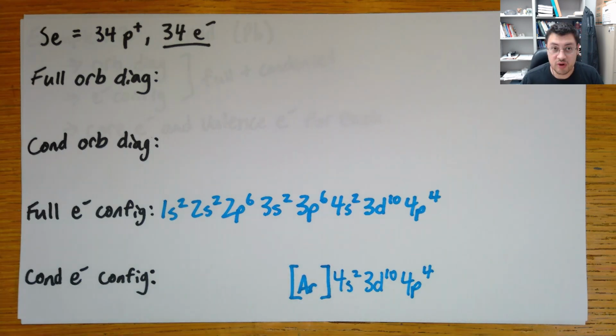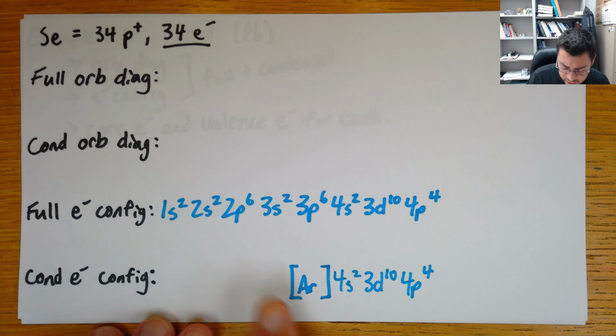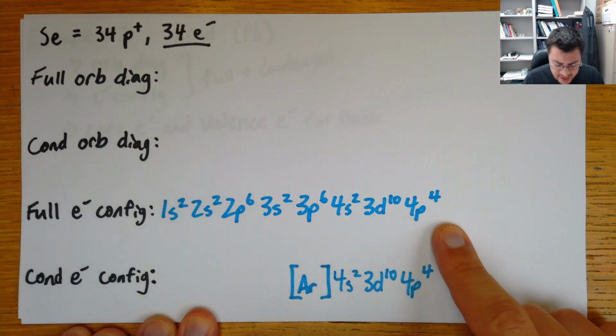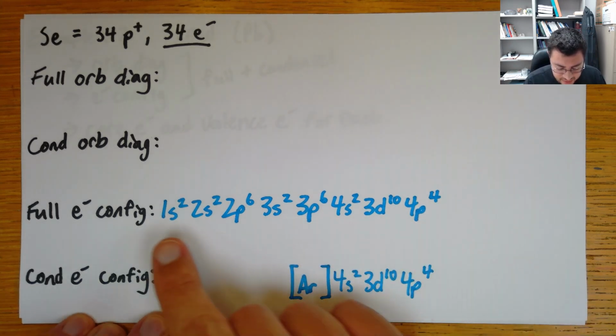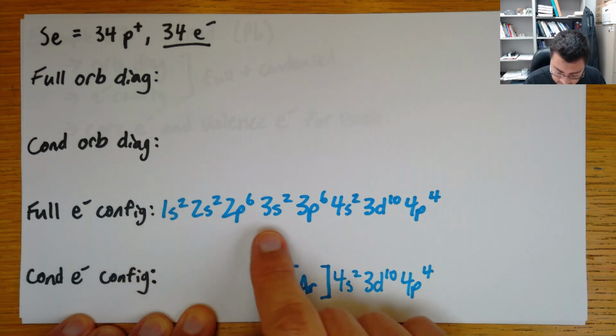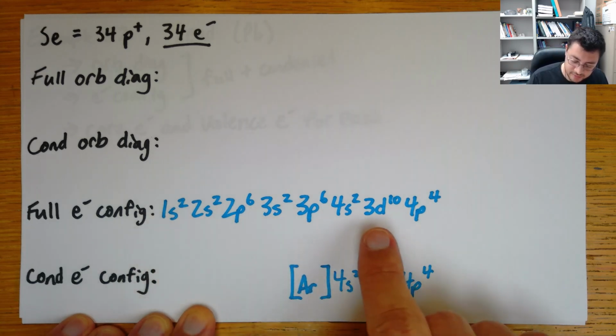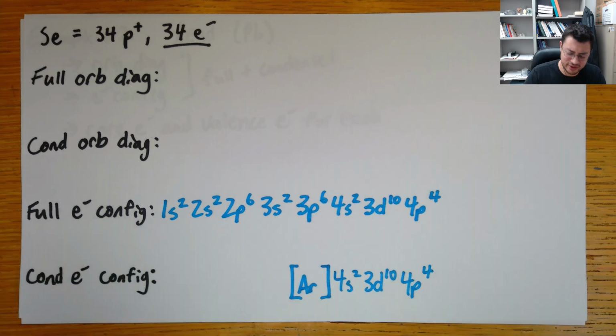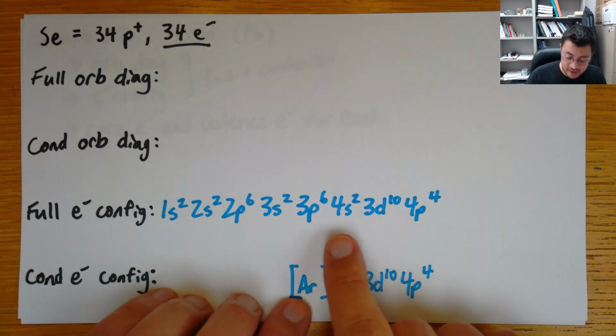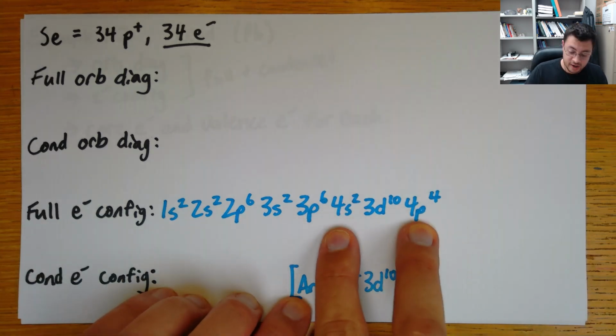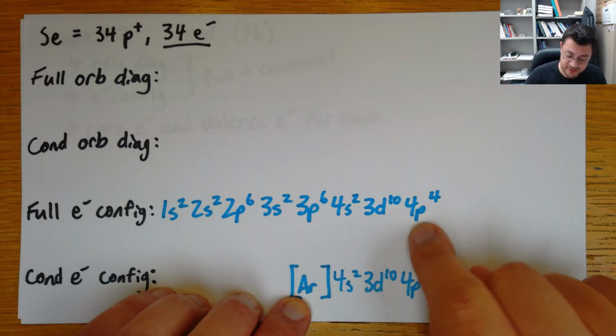Before we do the orbital diagrams, I think it would be good to point out the core versus valence electrons. Valence electrons are any electrons you have in the highest principal quantum number, highest n. So as I go through this, I'm looking for what's my highest n. Is it 1? No. 2? No. 3? No. Sounding a little bit like reading a children's book right now. But we got 4. So we got 4s2, 4p4.